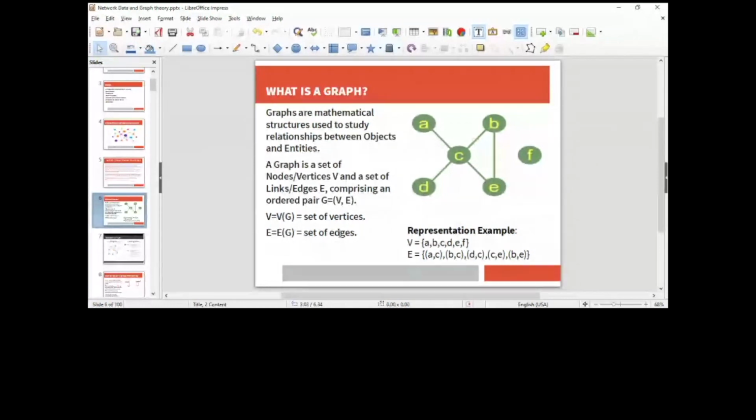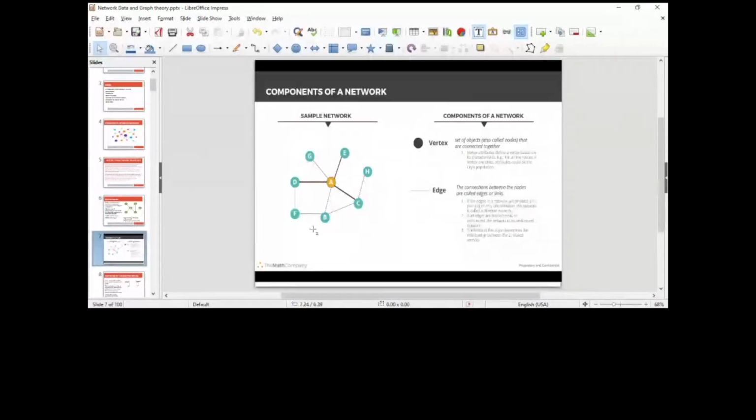Then the edges. We need to keep this in mind because we are going to come back to it. So this takes it further. Again, a sample data network: vertex, edge, that's another name. These are the components of it.